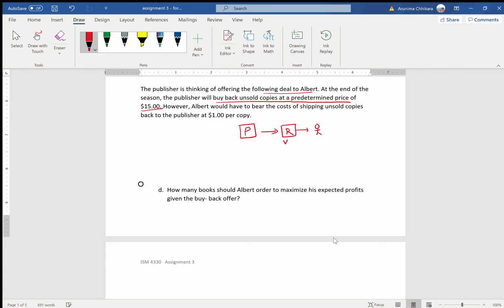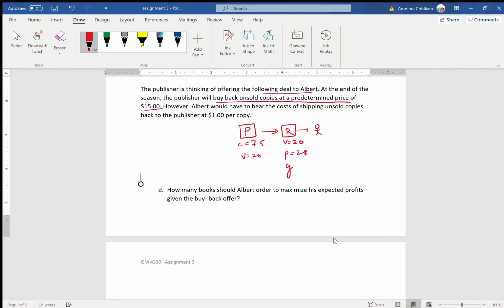Our wholesale price remains the same. The retailer still pays the publisher $20. The publisher still produces each book for $7.5. They still sell it for $28.